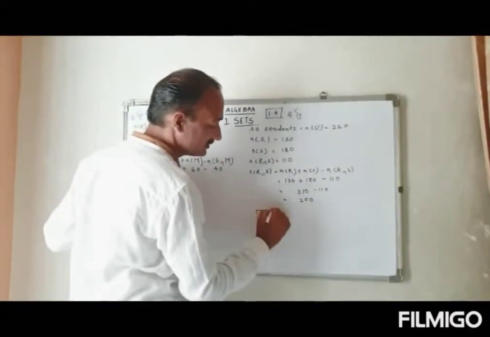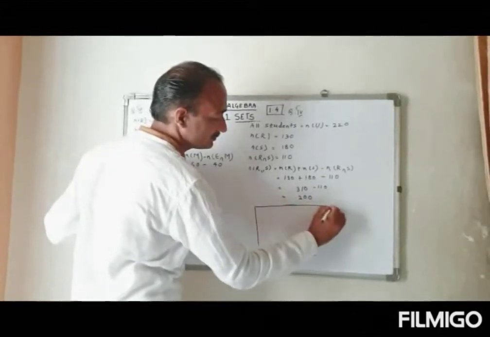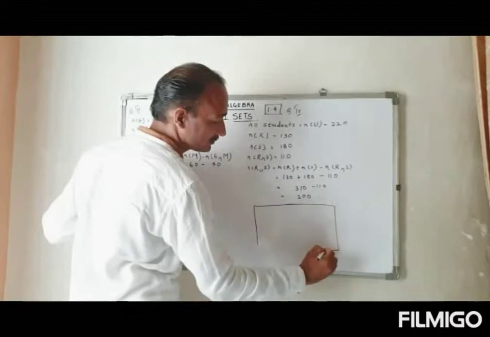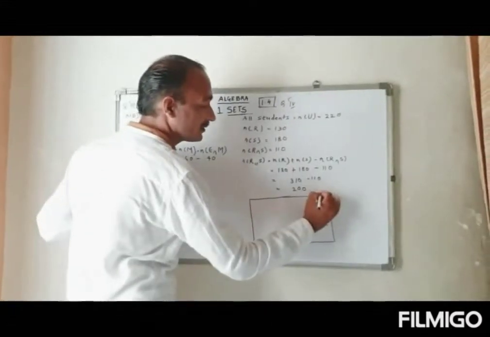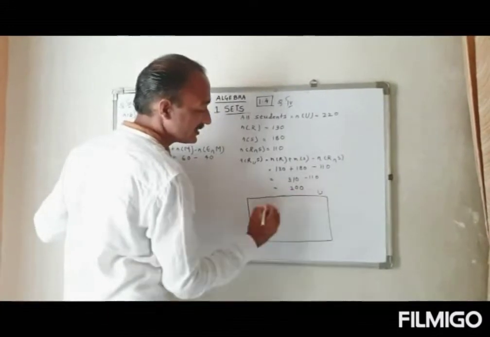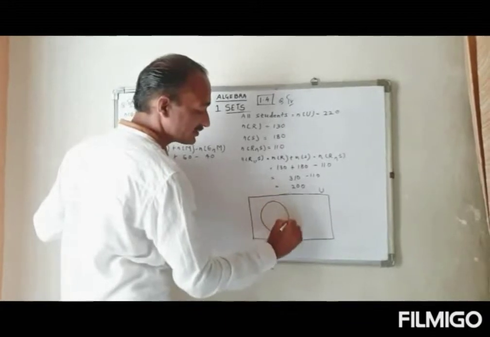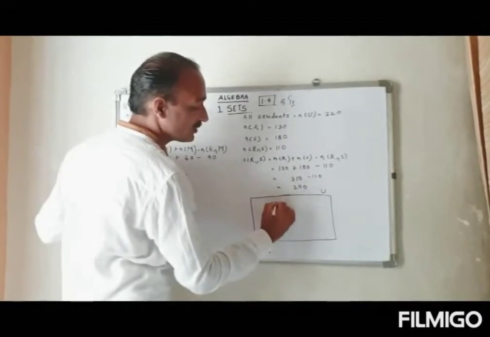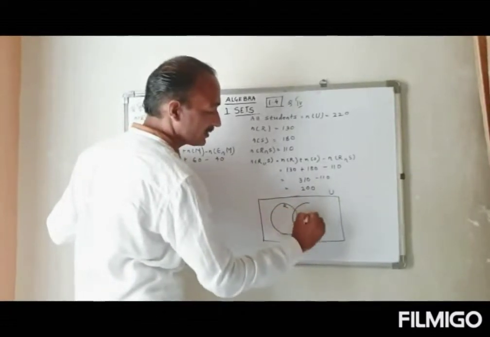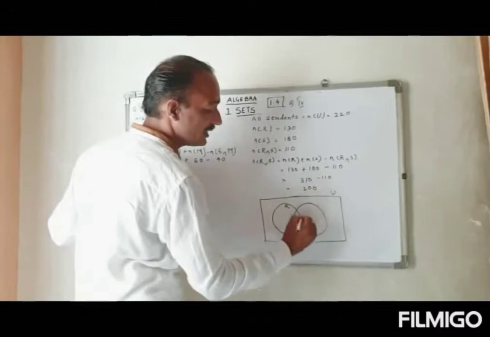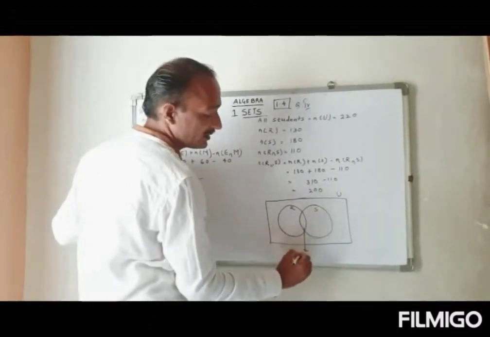Like this. This is your universal set. These are the students who like rock climbing. These are the students who like sky watching.